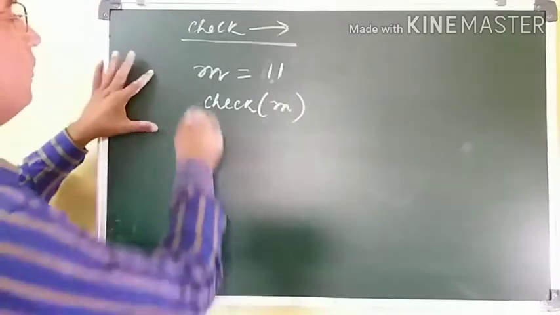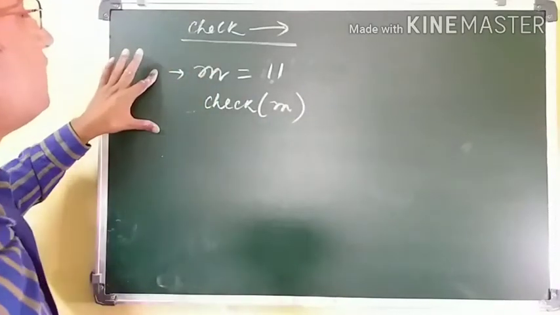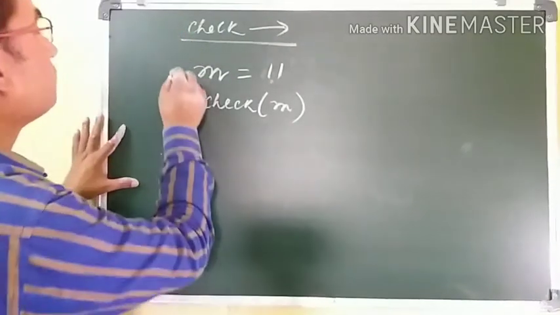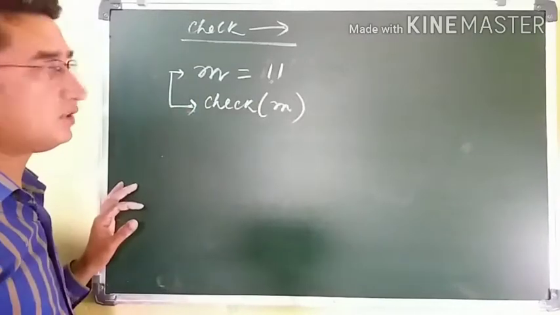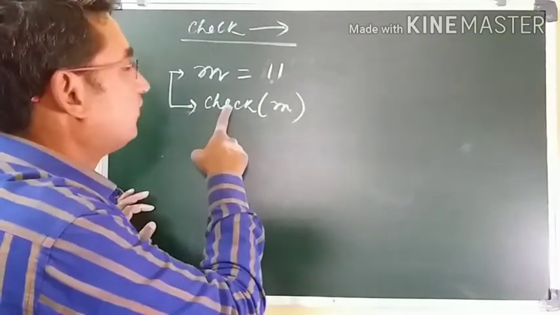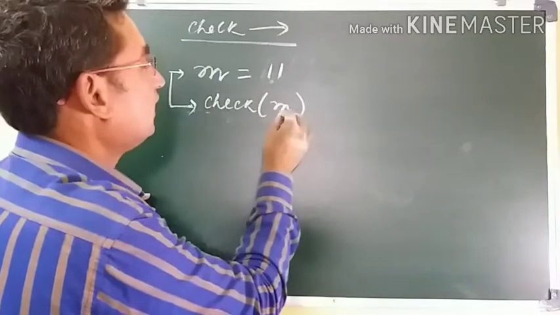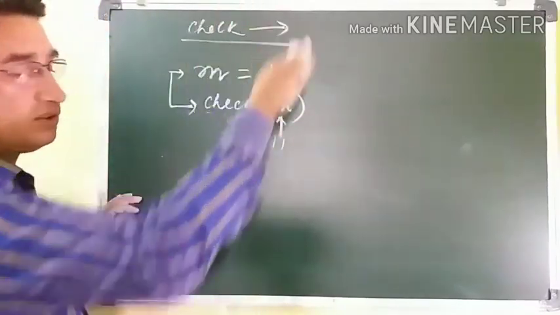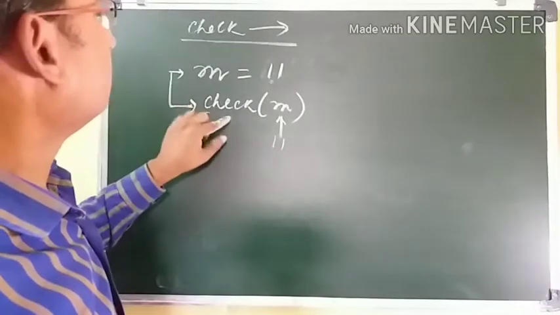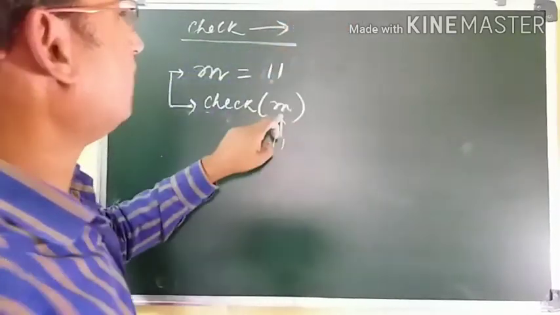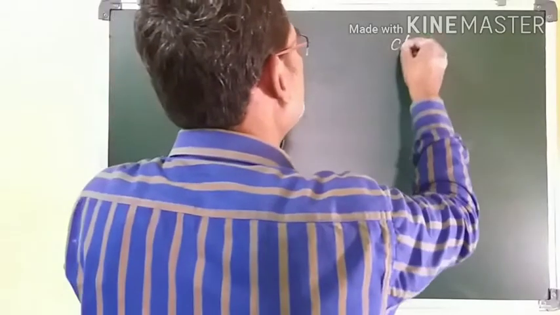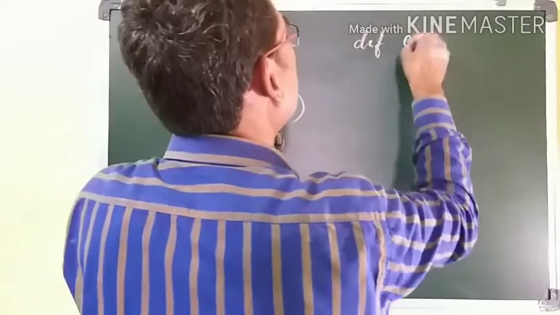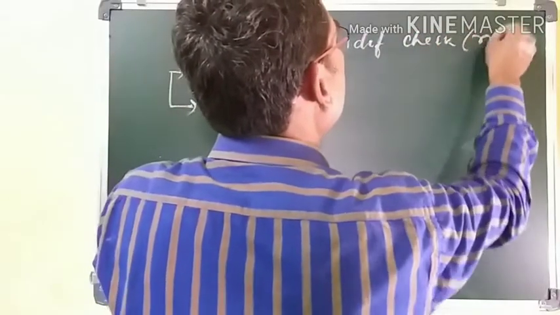When this code is executed, 11 will be assigned into m, and then the next statement will execute. This statement is a function call, check is a function, and m is a parameter here. Means 11 will be provided to that function. In the function, def check n was written.